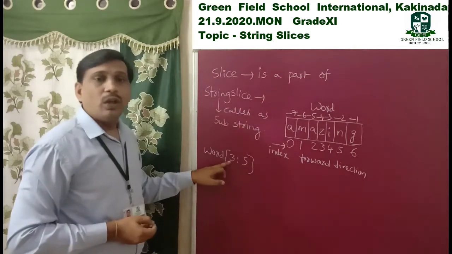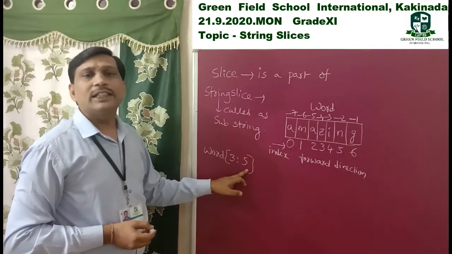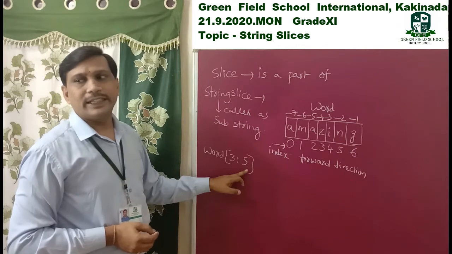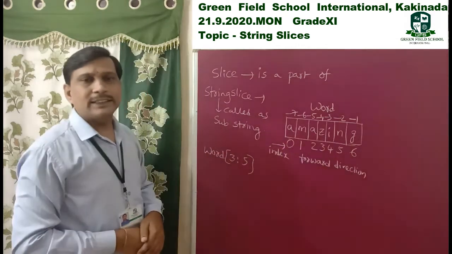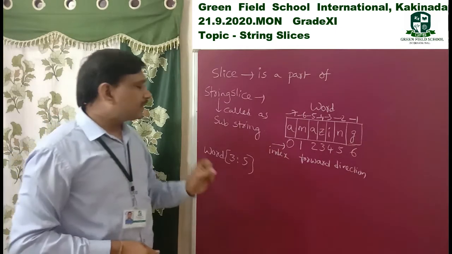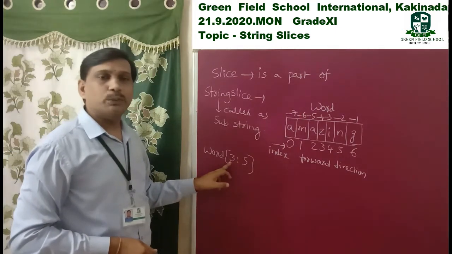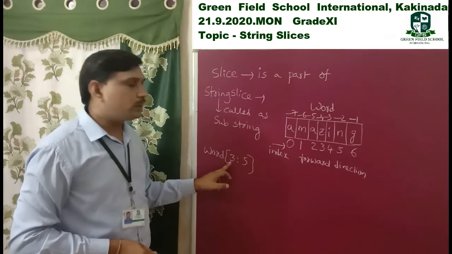Here 3 is the lower bound, 5 is the upper bound. The string consists of a total of 7 characters. I access starting from index position 3 in the forward direction to 5.